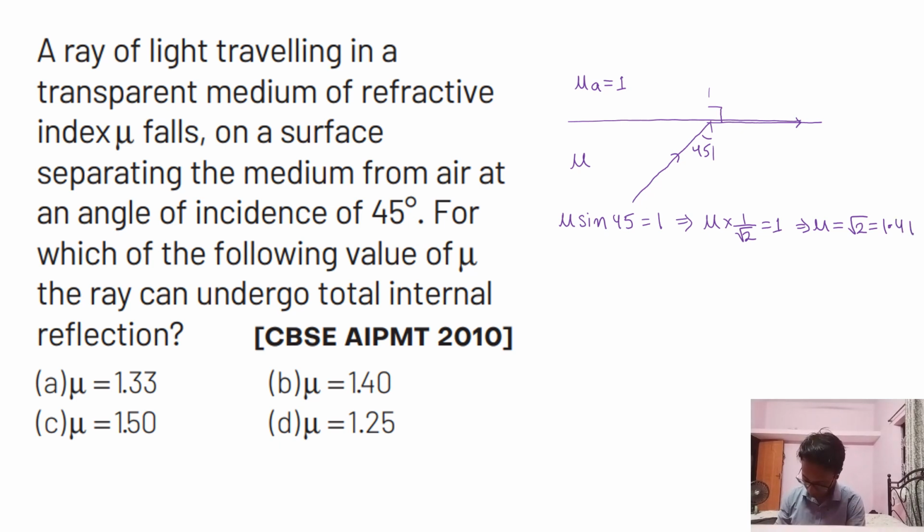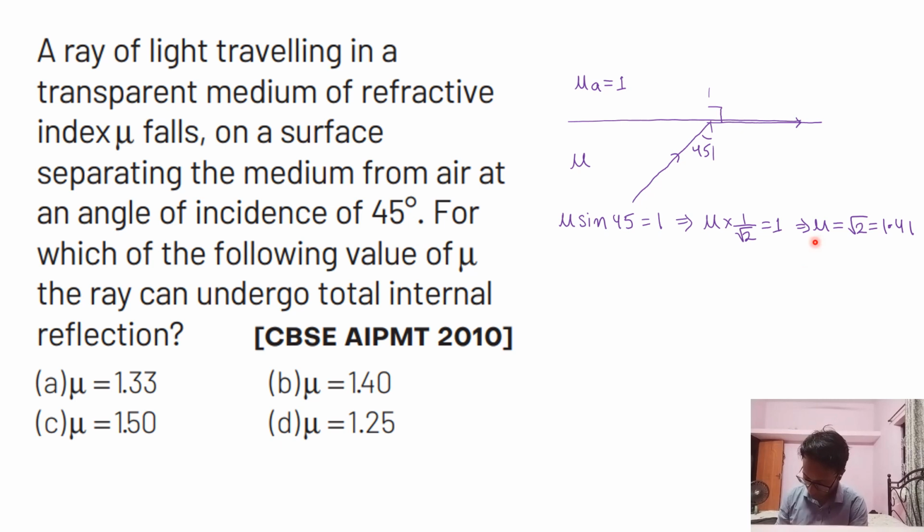Okay, now what happens if I replace this mu with a more optically dense medium? What will happen is this critical angle would decrease further and further. That means with a much lesser angle of incidence, the ray would perform total internal reflection.